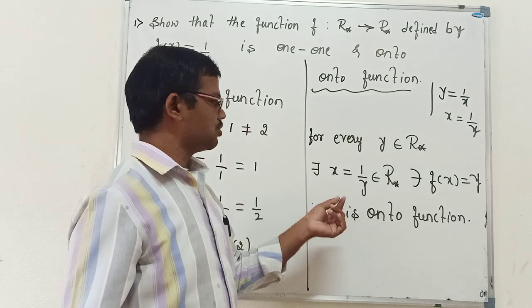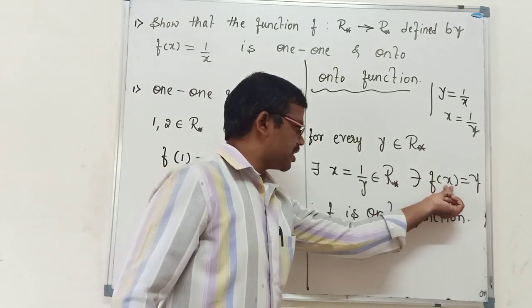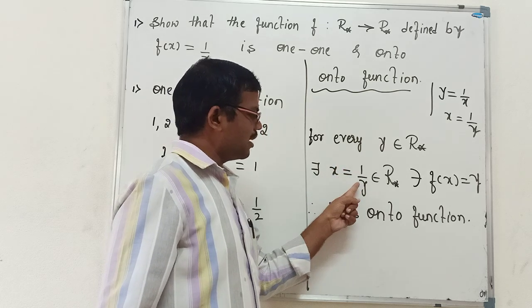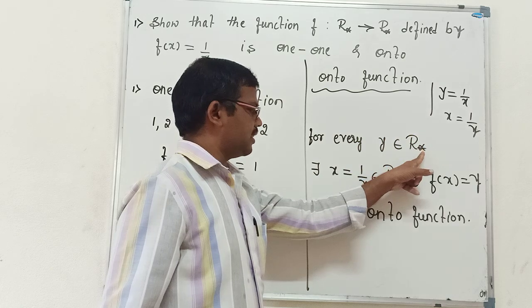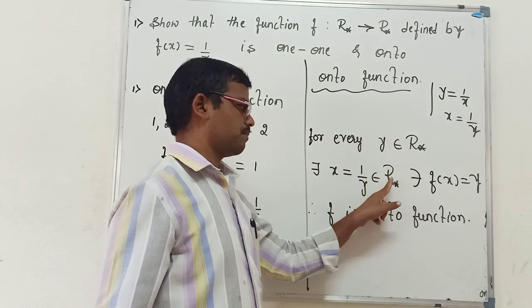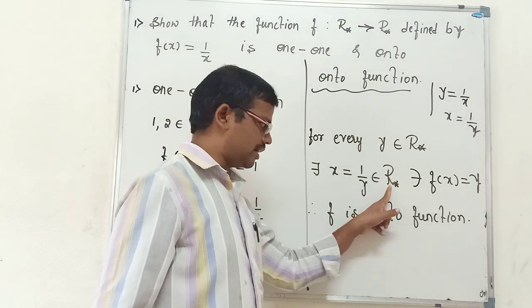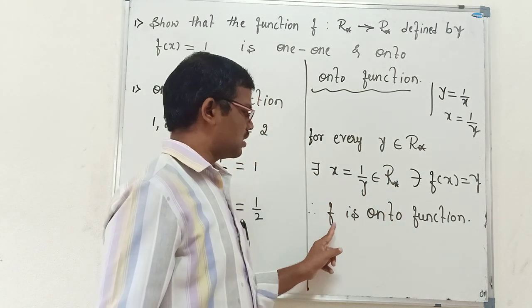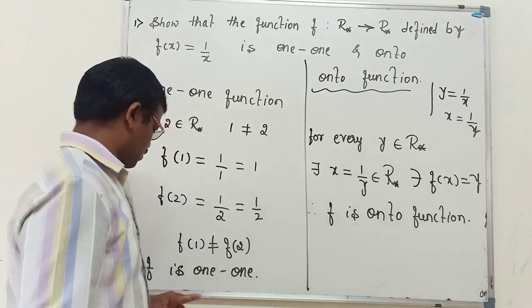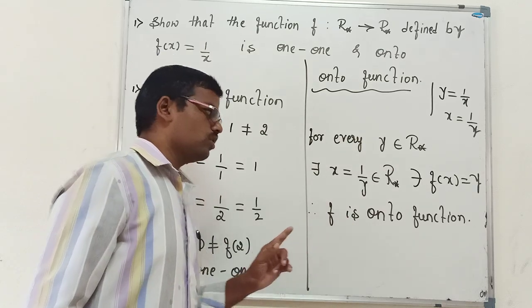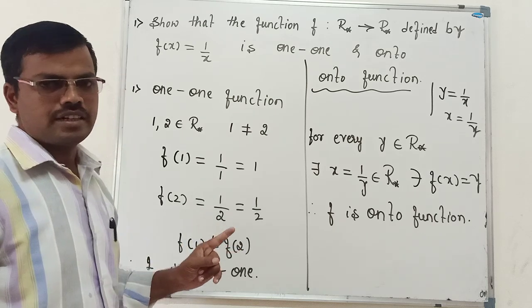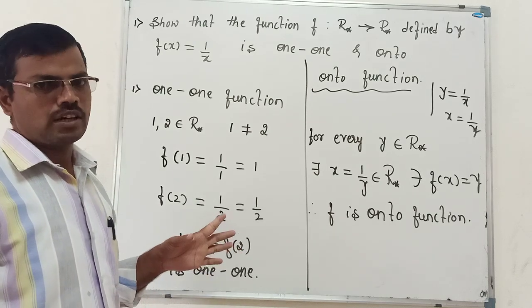Here x is a pre-image, that x is 1 by y. Y is a non-zero real number, so this number is there in R star. So it is called an onto function. So f is both 1 1 and onto. If a function is 1 1 and onto, it is also called a bijective function.